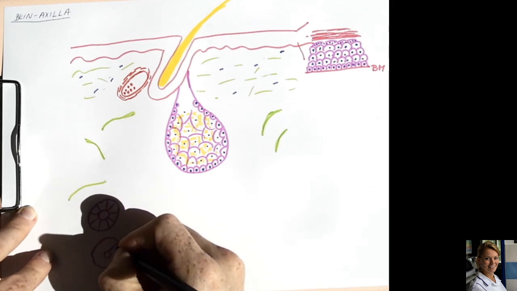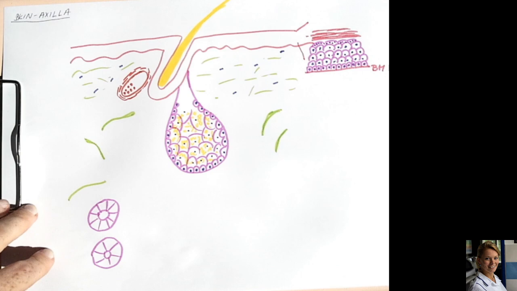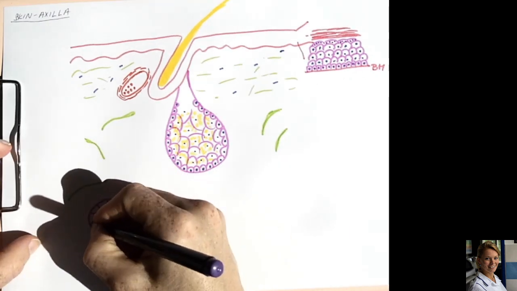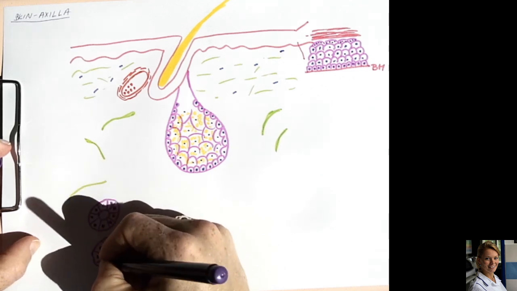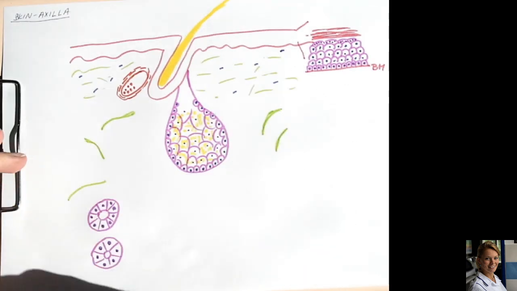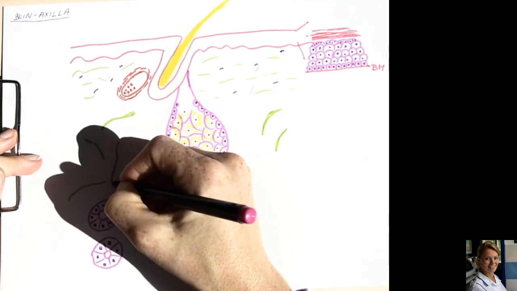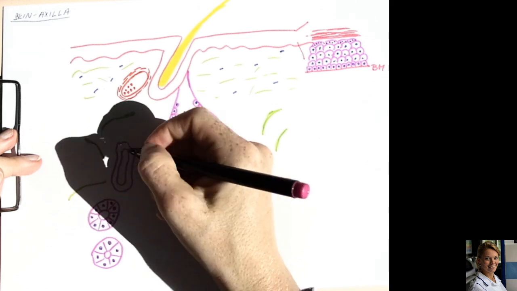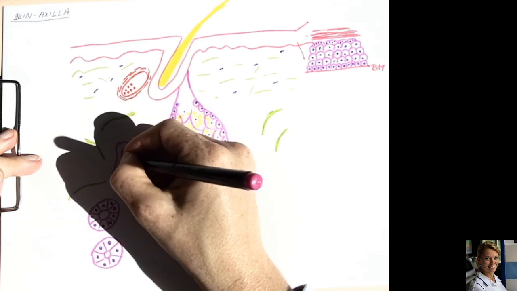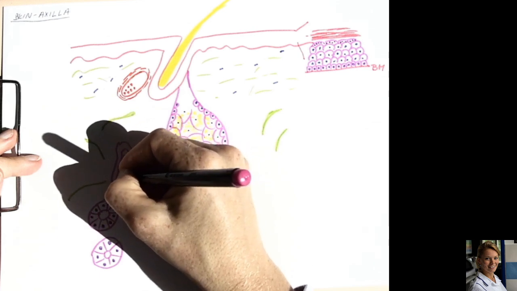The secretory portion is lined with one layer of cuboidal to columnar epithelium, and continually produces sweat, and the sweat goes through the duct, which is lined with double layered cuboidal epithelium.